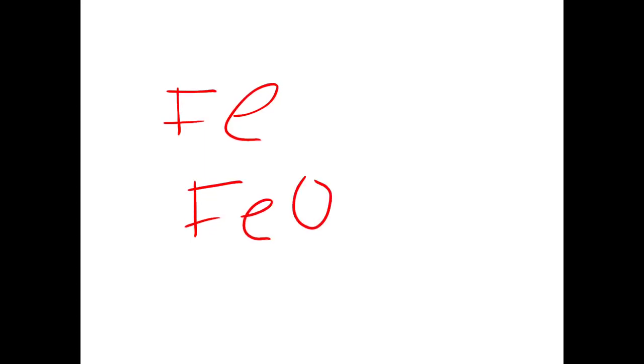An example of such an element which is in the transition elements is iron. You have heard of iron 2 oxide, and you have also heard of iron 3 oxide.